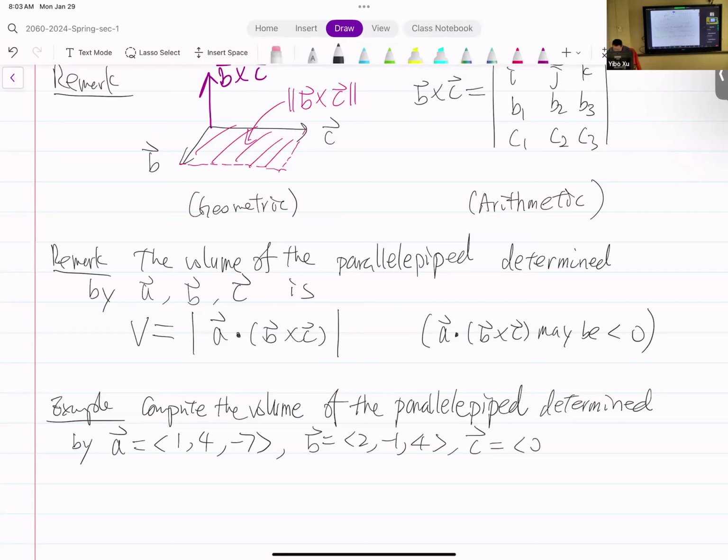C is the vector with components 0, -9, 18.